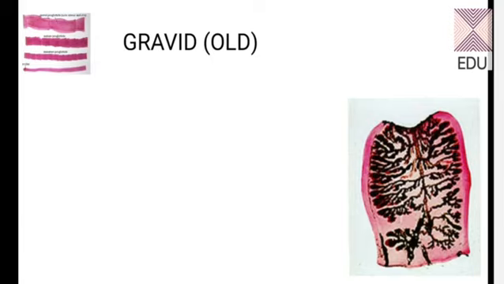The gravid or old proglottid has only one thing left, that is the uterus. The testes, the ovary, the vitelline gland, everything is diminished.